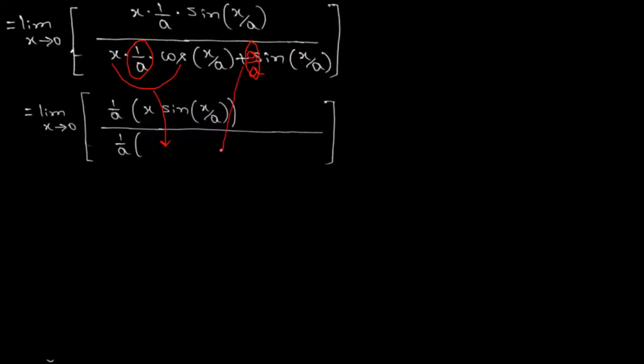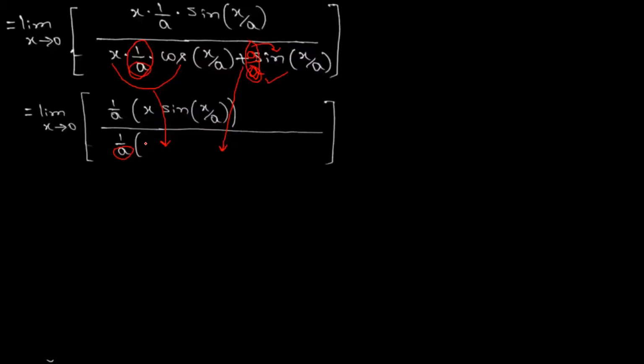Then plus, what remains in the second term? A into sin of x by a remains, because this denominator a has been taken out as common. This a and this a has been taken out as common factor.